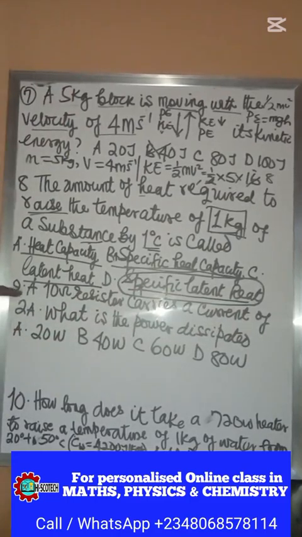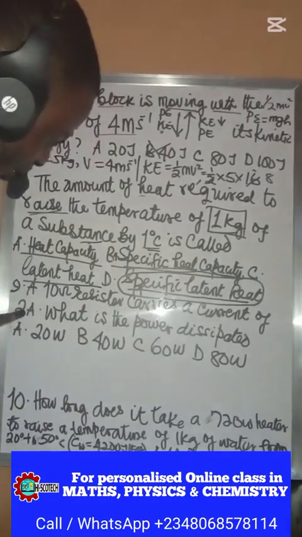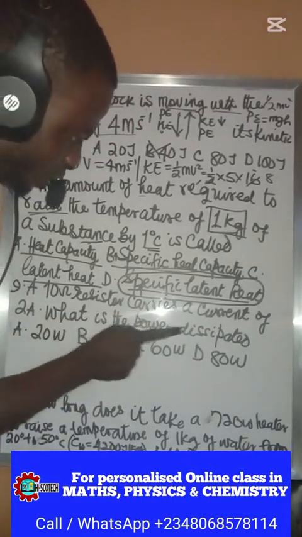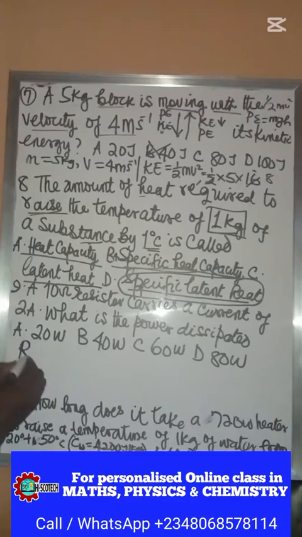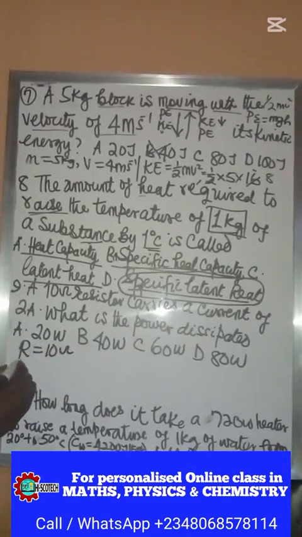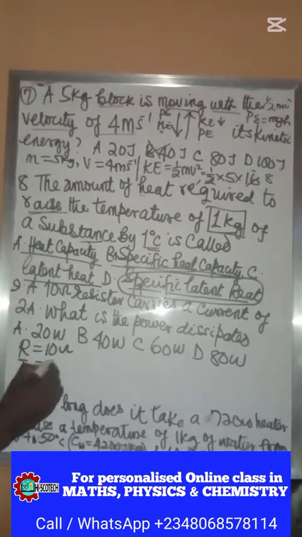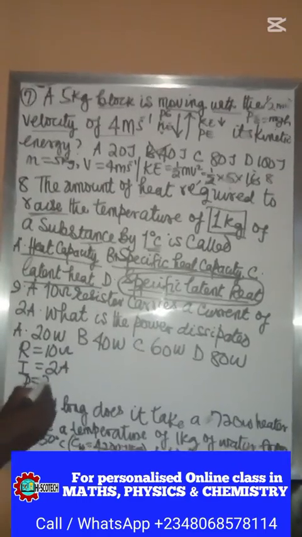Let's write down. Number 9 says a 10 ohm resistor carries a current of 2 amperes. What is the power dissipated? Now we have resistance as 10 ohms, and we have current as 2 amperes. We are looking for the power P, which is unknown.